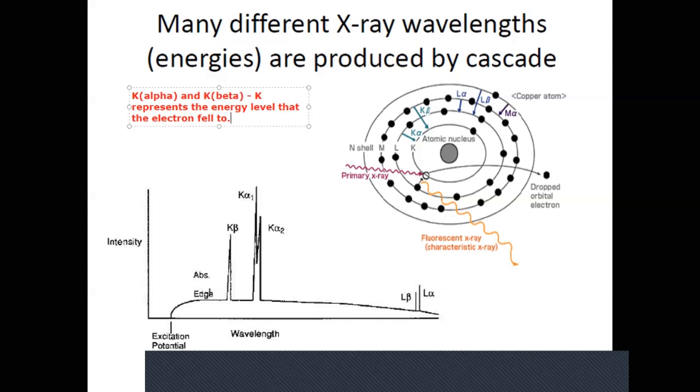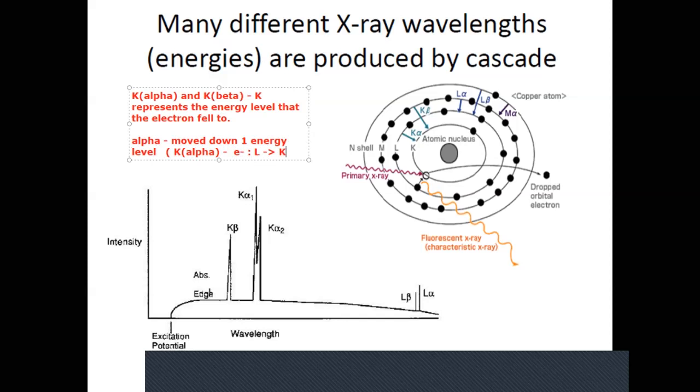Now alpha means it only moved one energy level. So K alpha means that it went from the L shell, the electron transferred from the L shell to the K shell.